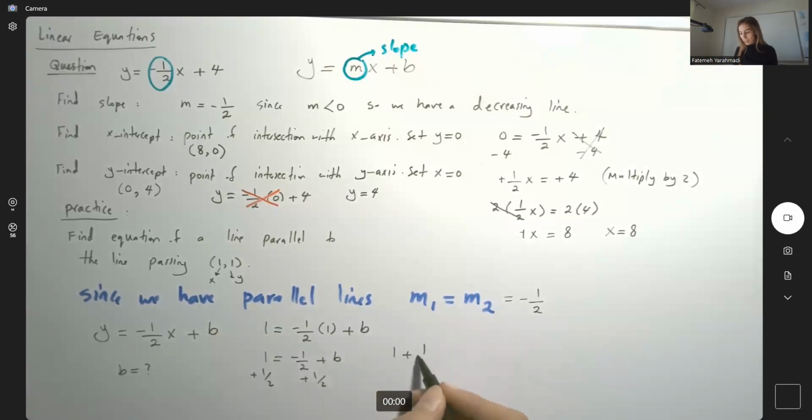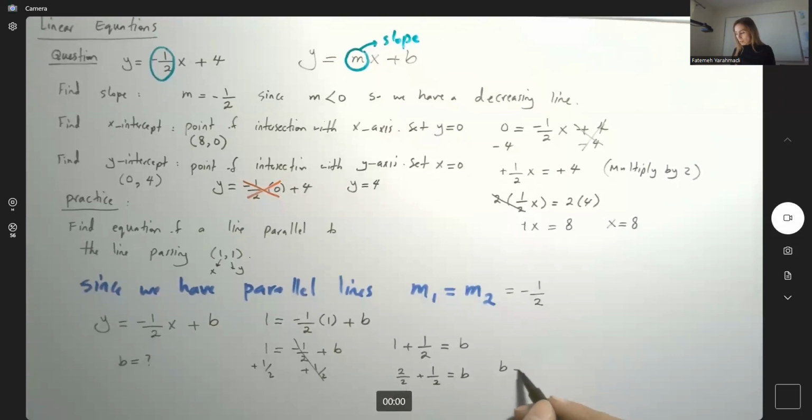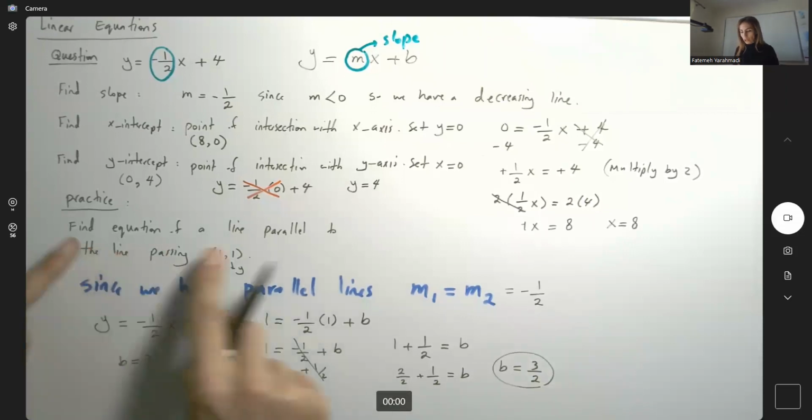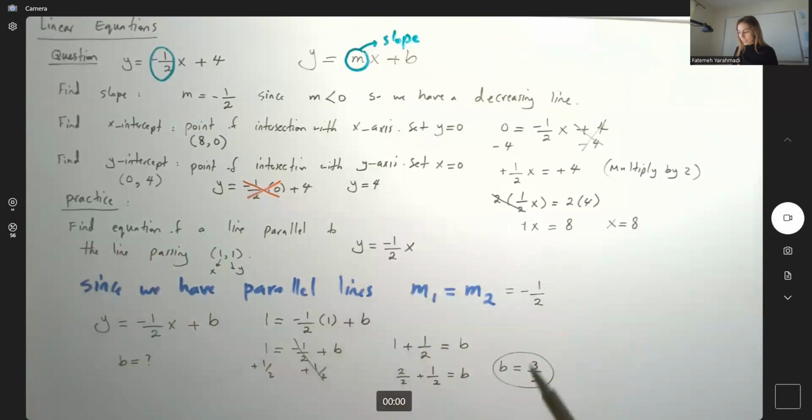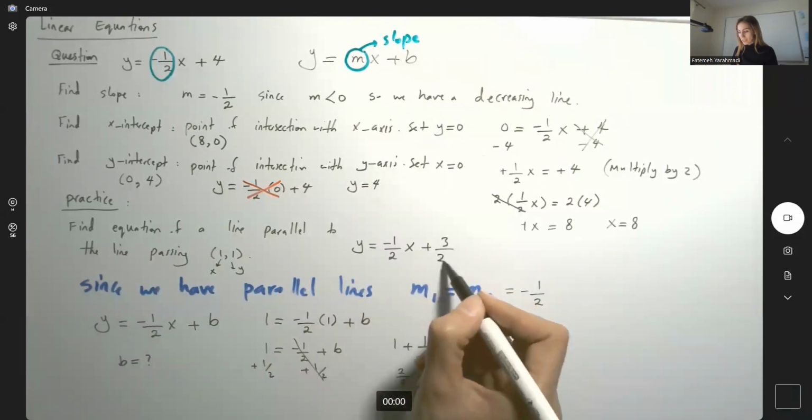So 1 plus 1/2 is equal to, these two are opposite of each other, they are 0, b. So this is 2/2 plus 1/2, and 2 plus 1 is 3. So b is equal to 3/2. So the equation of the line is y equals -1/2 x plus 3/2.